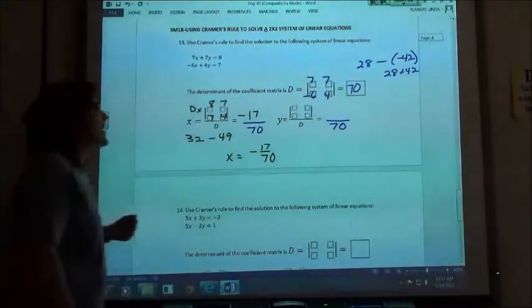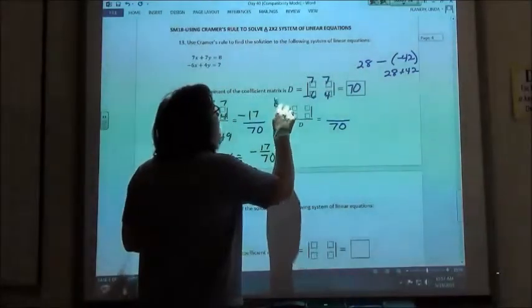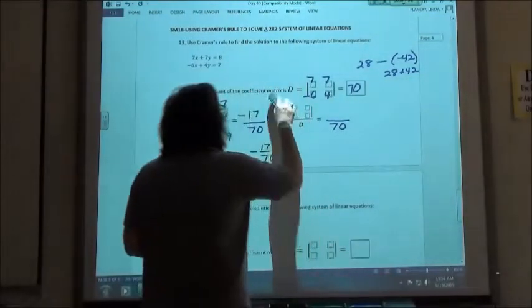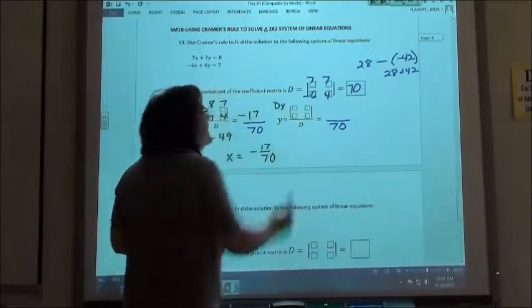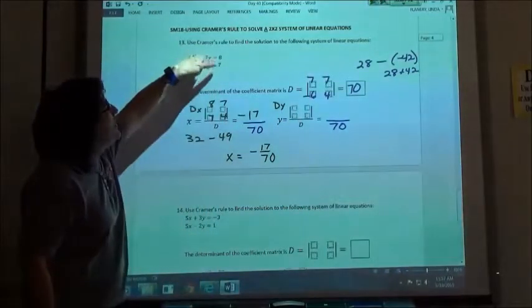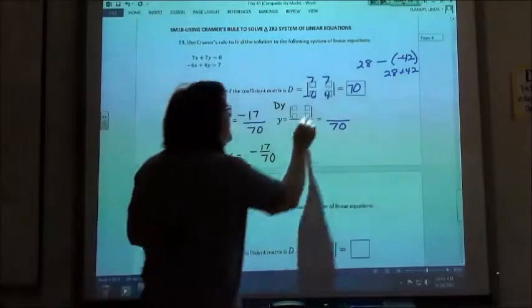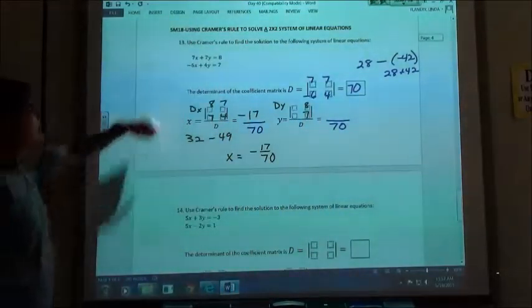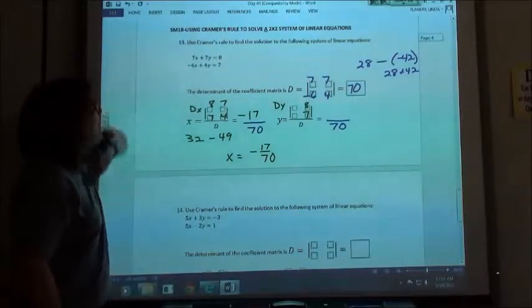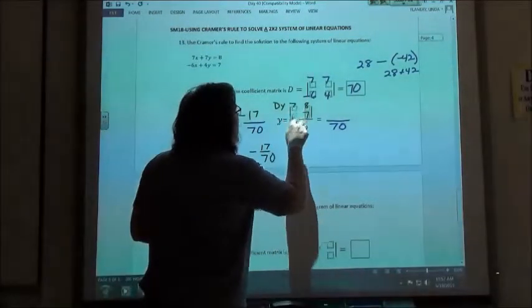Our next determinant is going to be what they call D sub y. Whoops, why am I writing a B? D sub y. D sub y says in the y column, put these 2 n numbers. So this time the 8 and the 7 is going to go in the y column. The x's are going to stay the same as they originally were, the 7 and the -6.